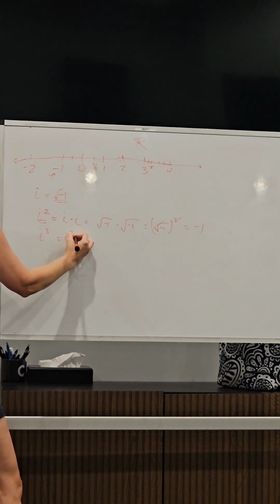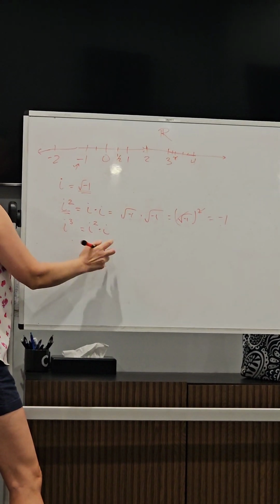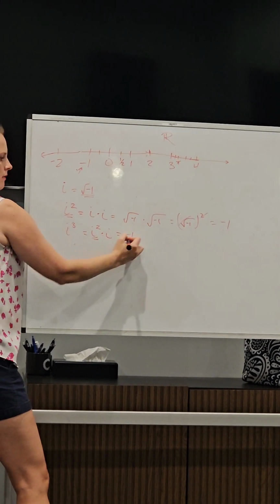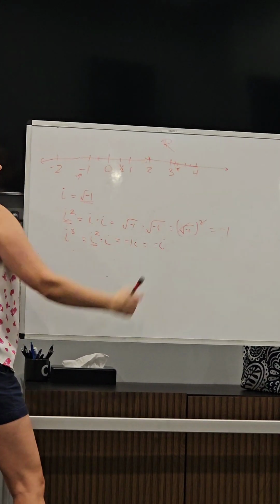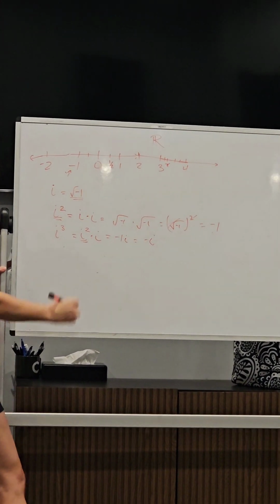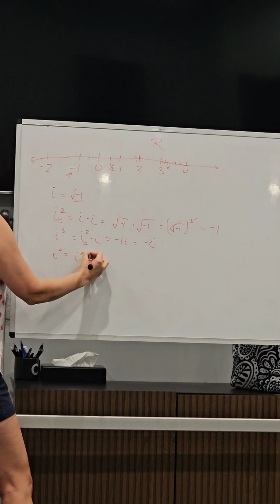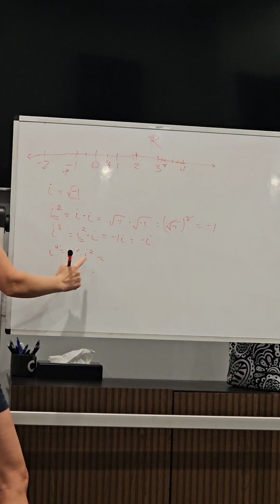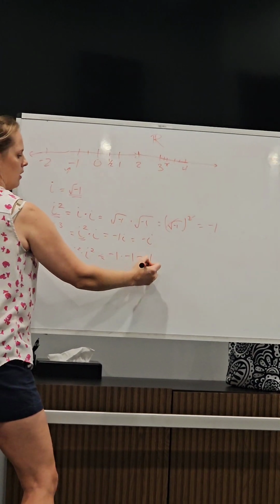Well, I cubed is I squared times I. Right? I squared is negative 1. So I cubed is just negative I. And then I have I to the 4th, which is I squared times I squared, which is negative 1 times negative 1, which is 1.